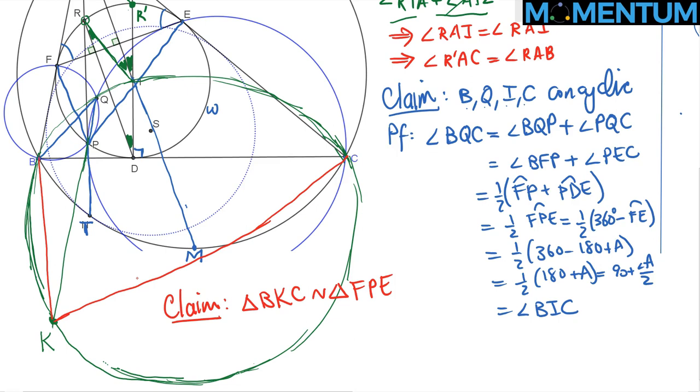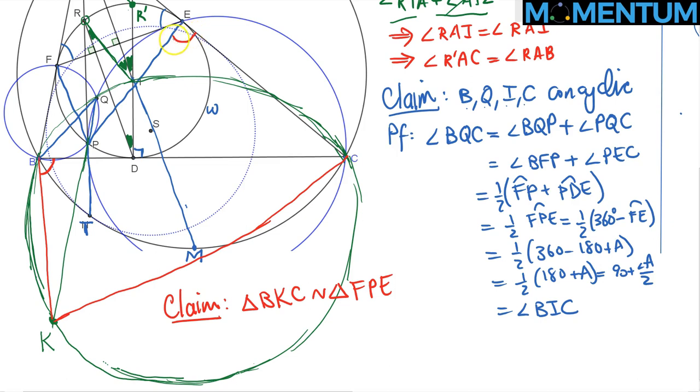So if you just chase some angles, for instance, angle KBC, this angle here, is obviously congruent to angle KQC, right? So let me not draw it. But angle KQC is the same thing as angle PQC, but angle PQC is the same thing as angle PEC. So it would be this angle over here. That's pretty neat.